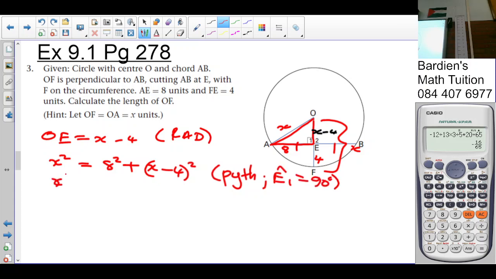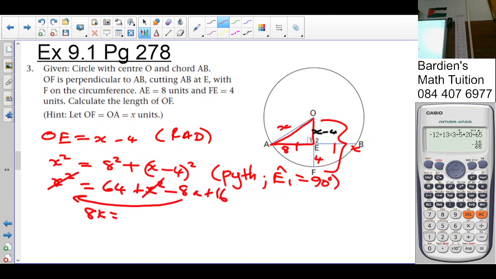So that's going to give me x squared equals 64 plus x squared minus 8x plus 16. That will cancel. Take 8x over, so 8x is equal to 64 plus 16, which is 80. Divided by 8 is going to give you an answer of 10.